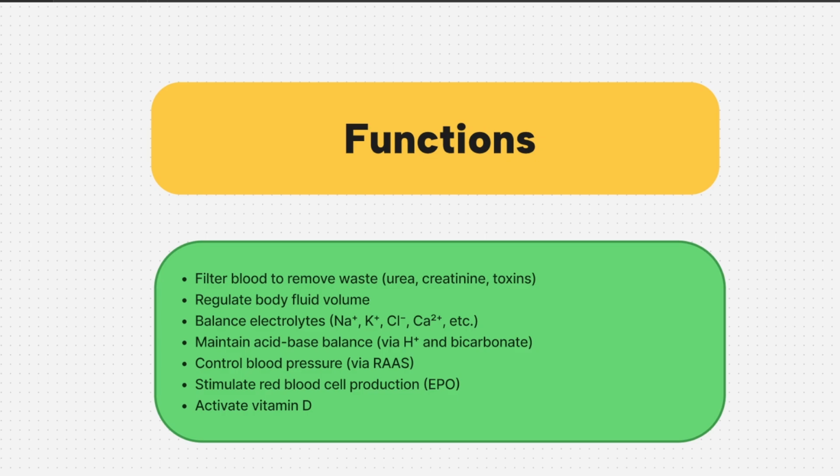So electrolytes like sodium, potassium, chloride, calcium, and others need to be at certain levels because, for example, sodium affects water, because osmolarity is basically related to the concentration of solutes.